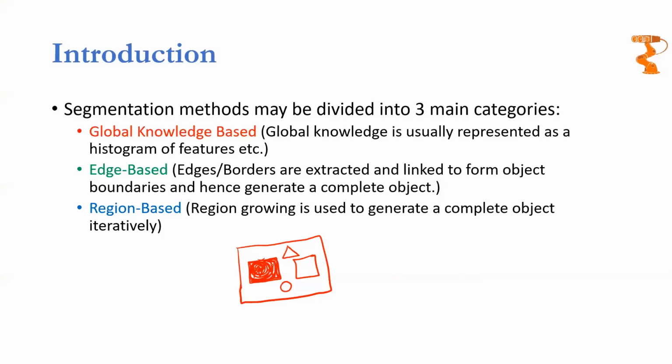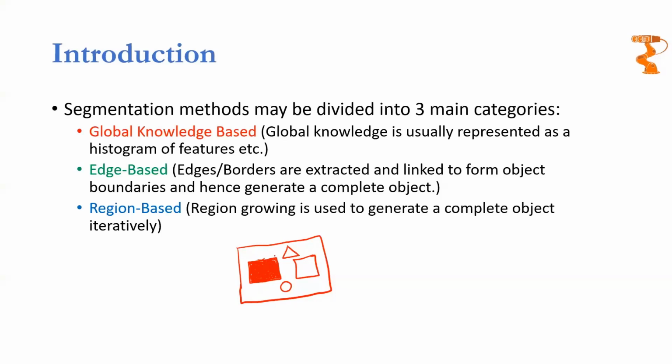I cannot draw very exactly. It will be completely filled. So this is a region-based segmentation technique. Obviously, you are going to start from multiple points, not from one point, because if you start from one point, you are going to find only one object.